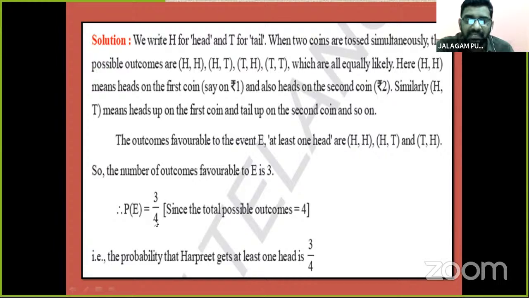That's why here it is 3 by 4. 3 is favorable, 4 is possible, since the total possible outcomes are 4. So the probability that Harpreet gets at least one head is 3 by 4, and that means 75% chance. Have you understood, children? Next.